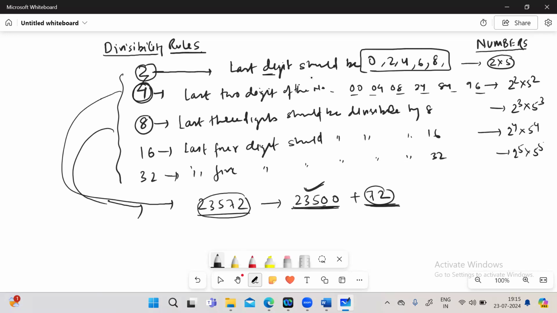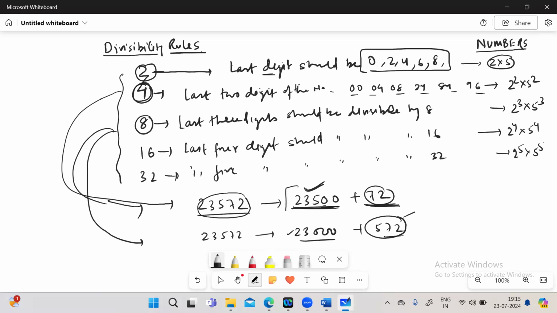Similarly, if you want to check for 8 for the same number, you will divide the same number into two parts: 23000 and the other as 572. So what I know now is 8 will divide 23000. You just need to check 572.